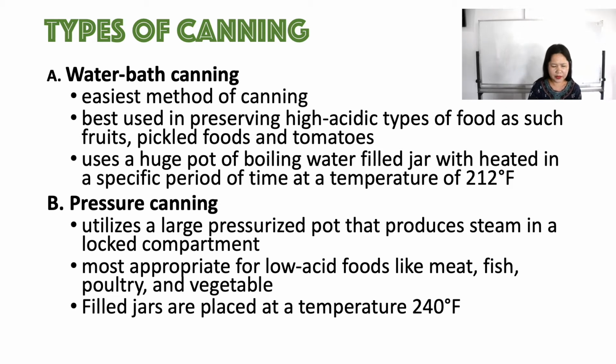Letter B. Pressure canning utilizes a large pressure pot that produces steam in a locked compartment. It is most appropriate for low acid foods like meat, fish, poultry, and vegetables, and the jar is heated at a temperature of 240 Fahrenheit.